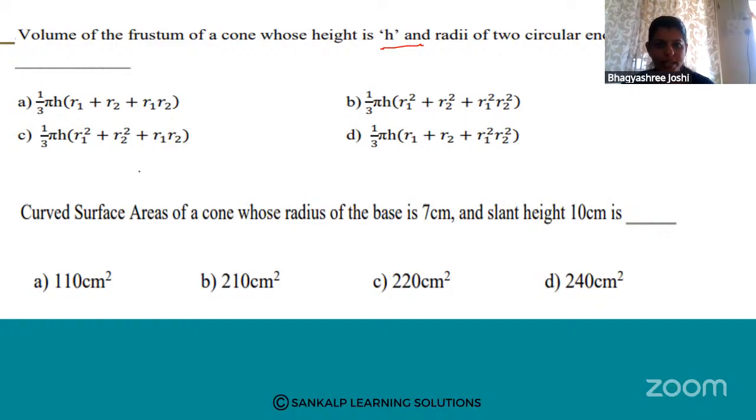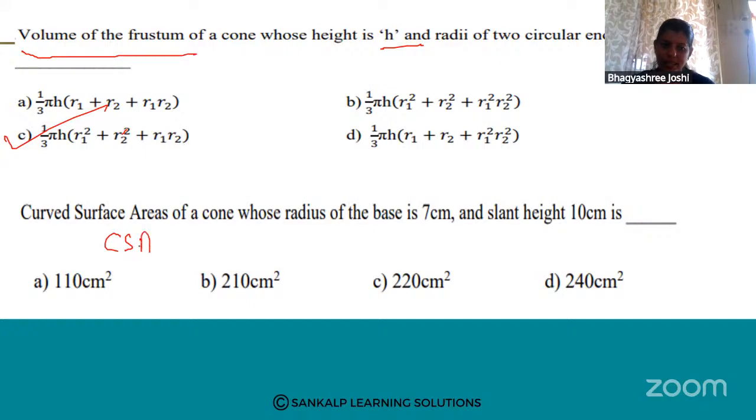So which option is right here? 1 by 3 pi h r1 square plus r2 square plus r1 into r2. So option C is right. Okay, volume of the frustum they have asked, right?